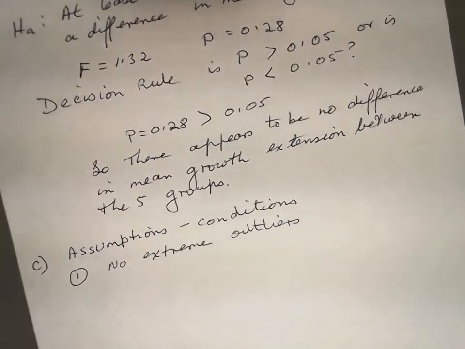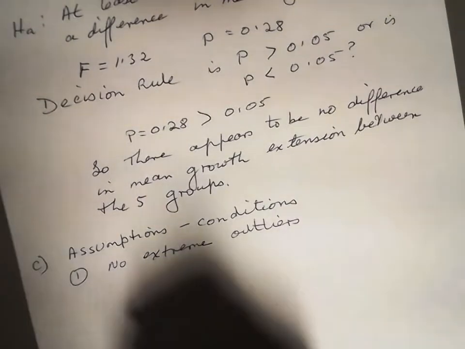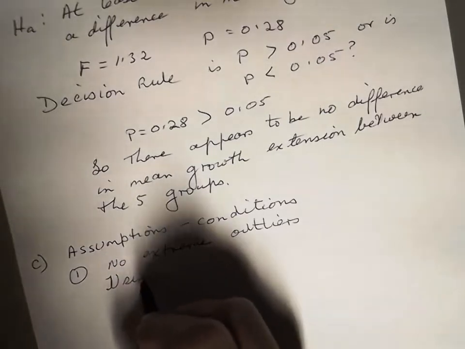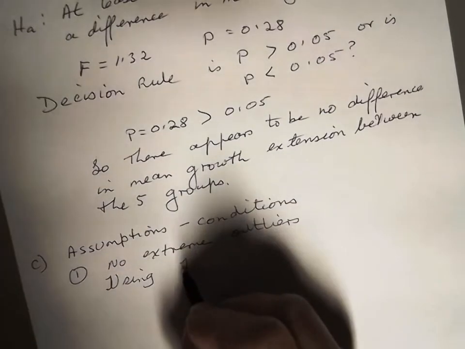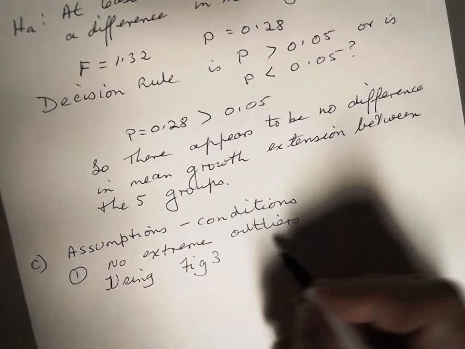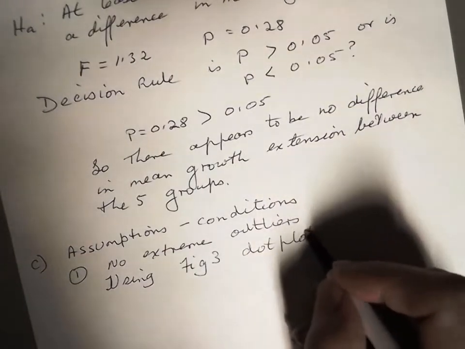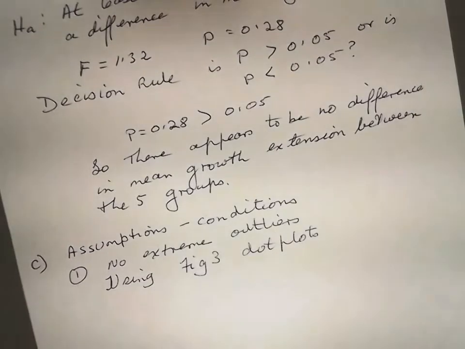So no extreme outliers. So what we'd need to say is that, using, now that was in the exam paper, that was called figure 3. Using figure 3 dot plots, because you need to refer to where you're getting the information from.